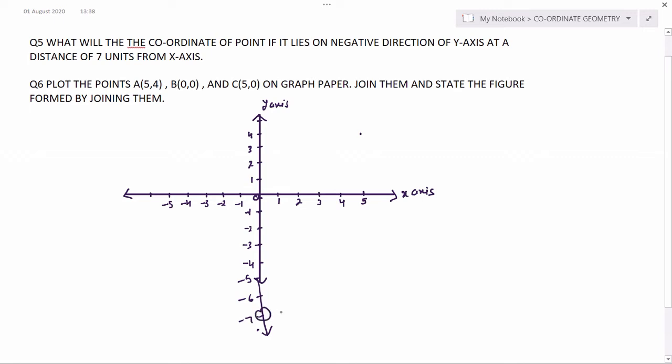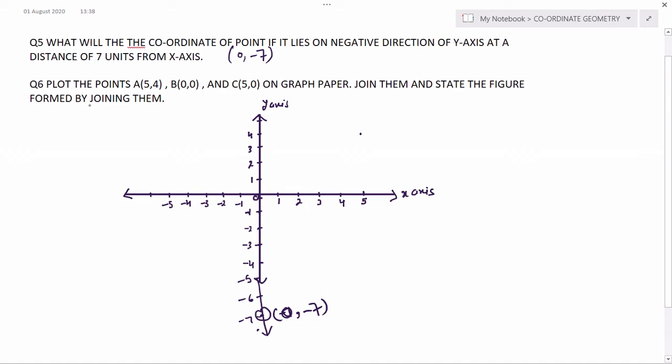So this will be the position of my point, (0, -7), because the x coordinate is 0 and y is -7. You do not have to move anywhere for x. So your answer is (0, -7).